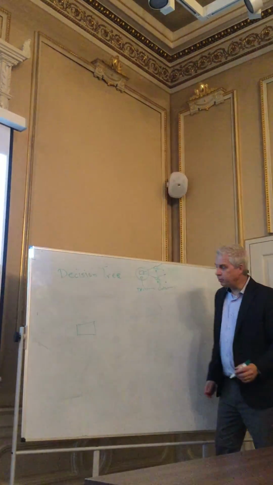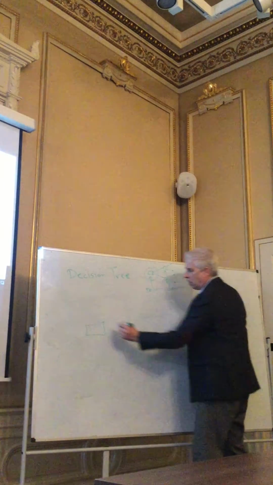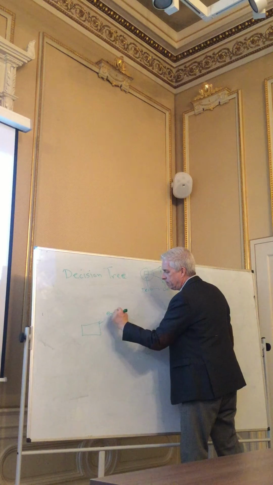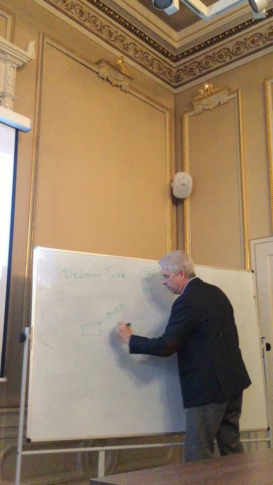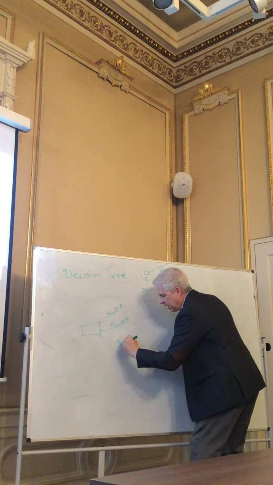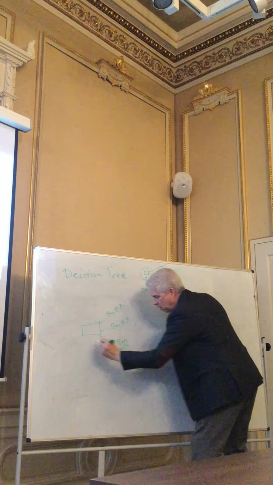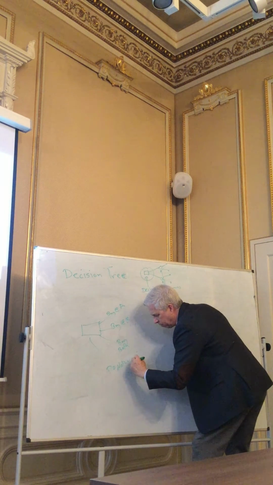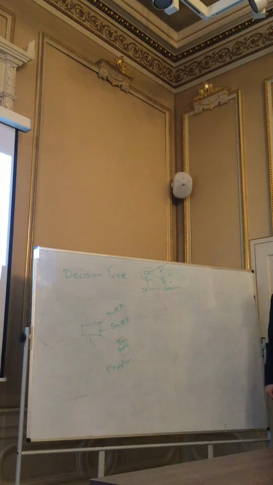What are our options for that decision? We can buy at A, we can buy at B, we can buy both, or we can buy nothing. So those are our decisions.